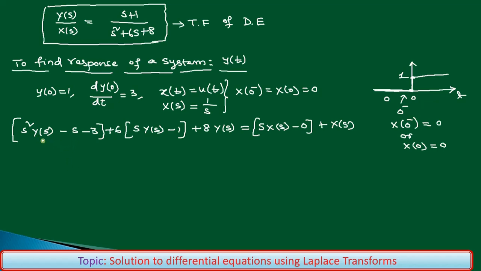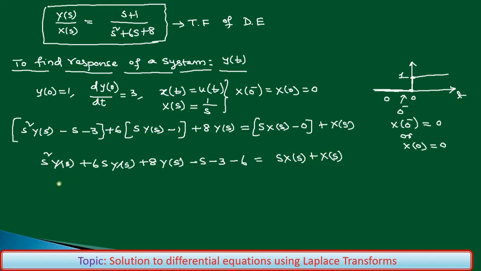So now we write the terms separately. We rearrange this equation as s square y of s plus 6 s into y of s plus 8 y of s, and then minus s minus 3, and 6 into minus 1, so that is minus 6, equals s into x of s plus x of s.